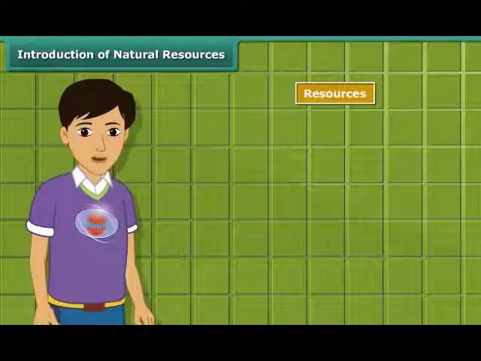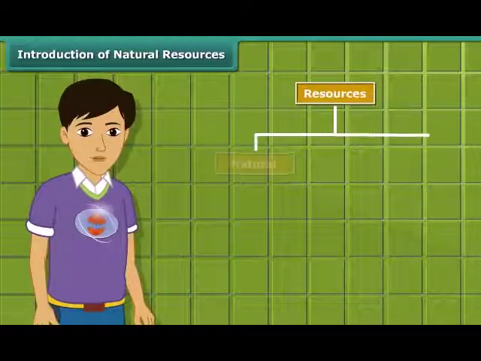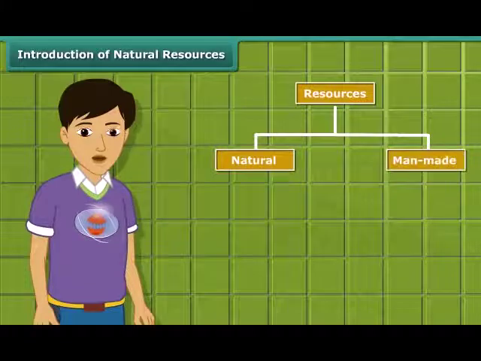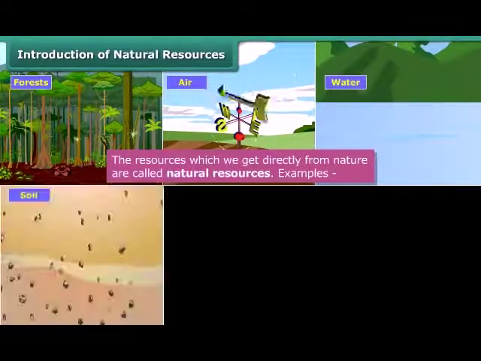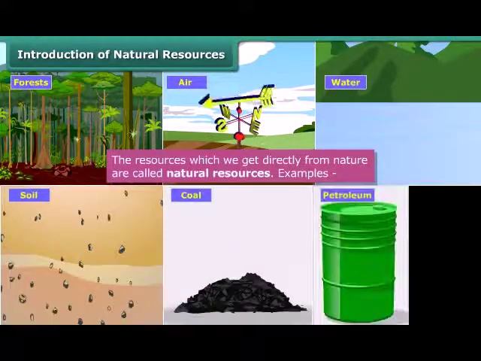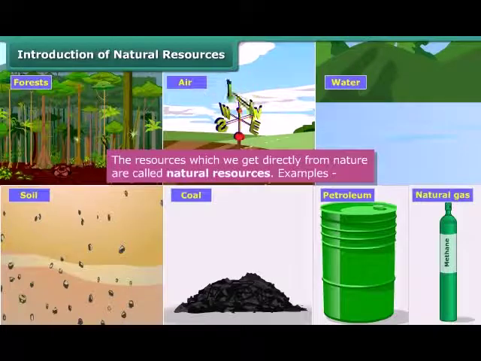You know, resources are of two types: natural and man-made. Natural resources such as forests, air, water, soil, coal, petroleum and natural gas are directly obtained from nature.